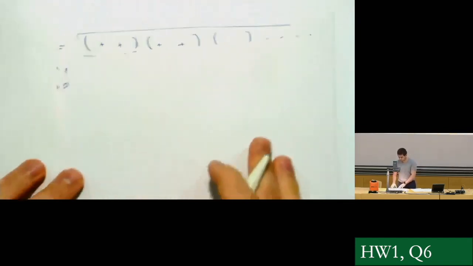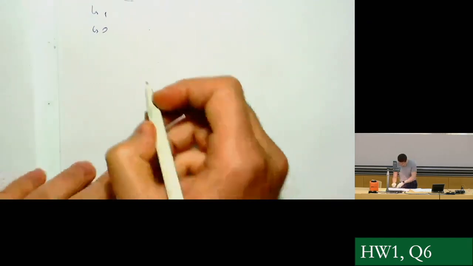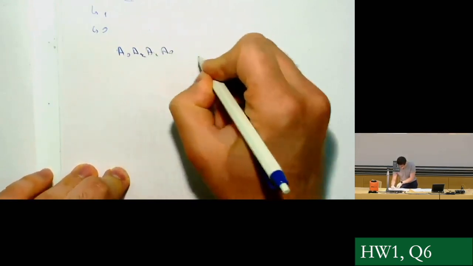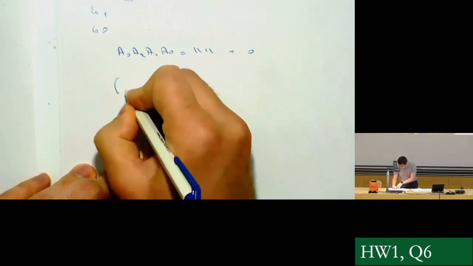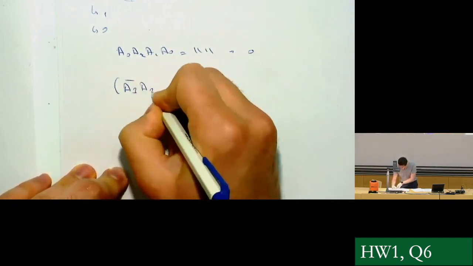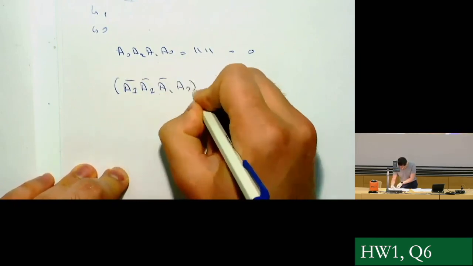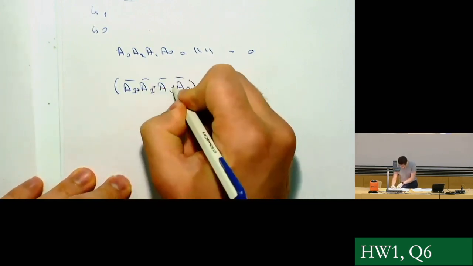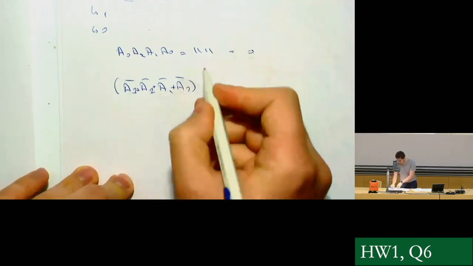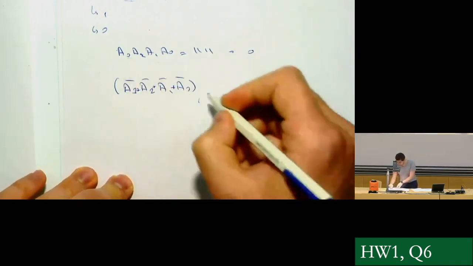Let's first think of the case when A3, A2, A1, and A0 is 1, 1, 1, 1, and I will have 0 for X. In order to have this, I need a term such as A3 not, A2 not, A1 not, and A0 not, all ORed together. If I have ones for all of these, then this will be 0.